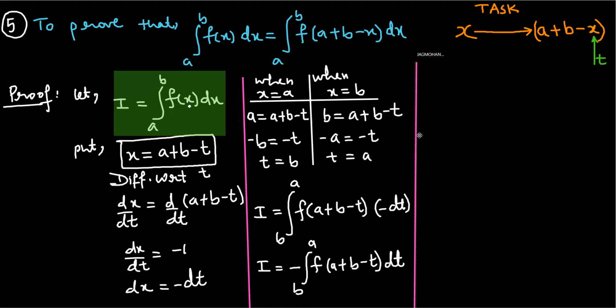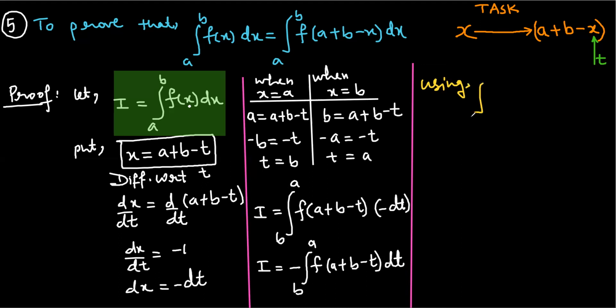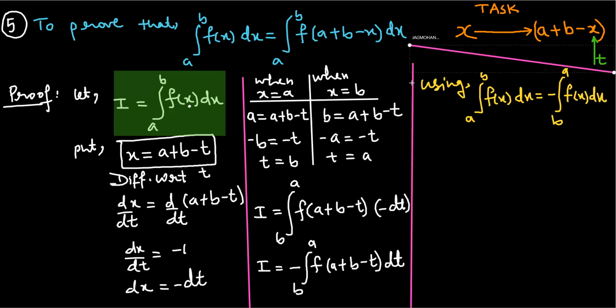So I write, using the property, a to b f of x dx as minus of b to a f of x dx. I will use the property here.